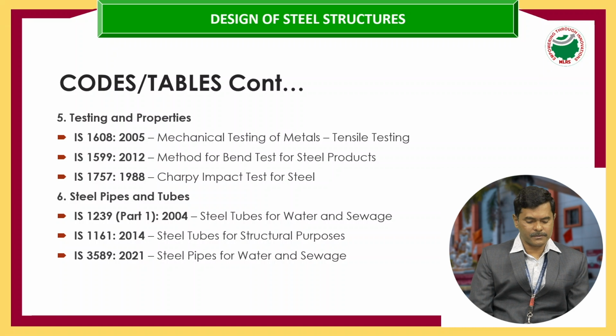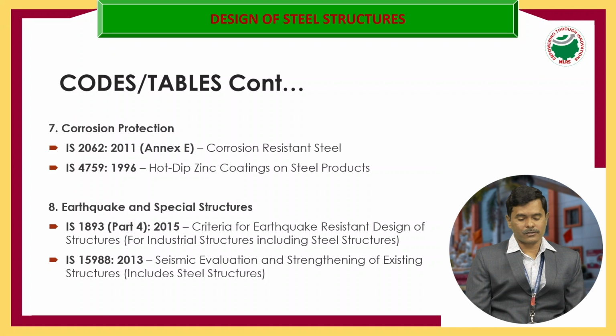For steel pipes and tubes, IS 1239, IS 1161, IS 3589. For corrosion protection, IS 2062 and IS 4759. For earthquake and special structures, IS 1893 Part 4, 2015, and also IS 15988.